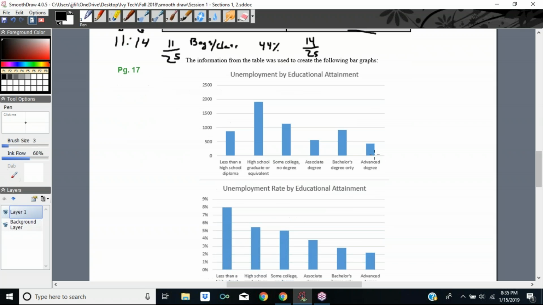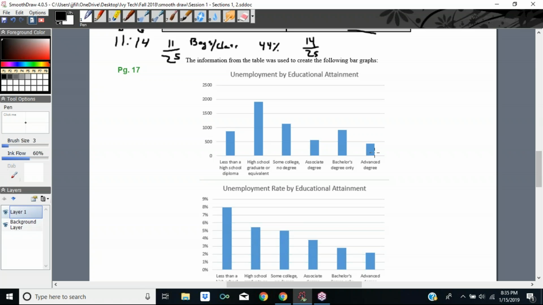So on page 17, there's a couple of charts, bar graphs actually, and it says the information from the table was used to create the following bar graphs. So let's flip over to page 17. And we have these two bar graphs, and one of them shows unemployment by educational attainment.